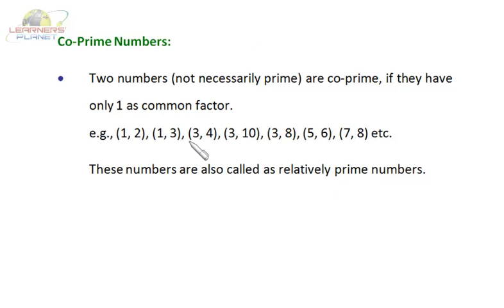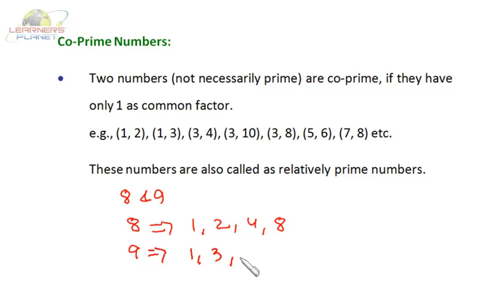Suppose I have numbers 8 and 9. Now I list down the factors of 8. They are 1, 2, 4 and 8. And now I write down the factors of 9. So it's 1, 3 and 9.